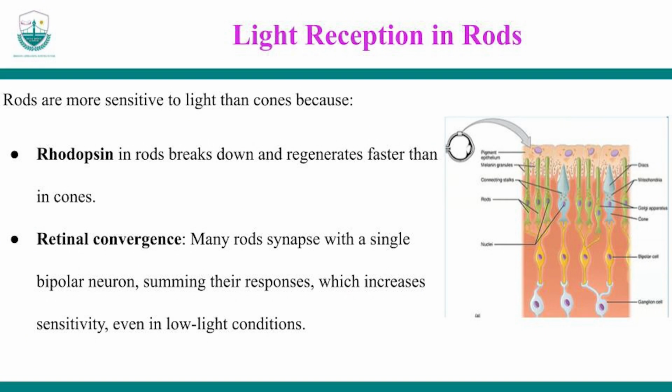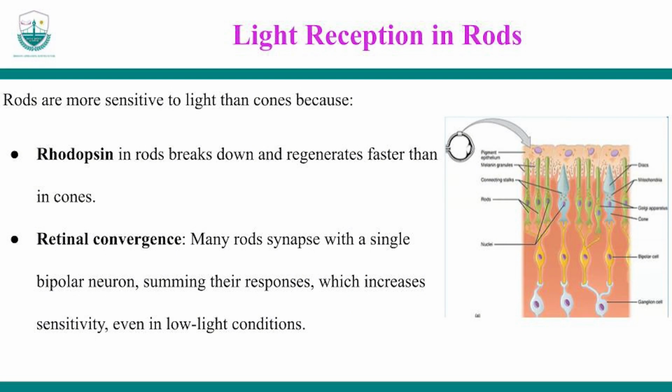That breakdown of rhodopsin is very important for the action potential to be generated. But the unique thing is that rhodopsin is resynthesized faster compared to iodopsin, as we shall see later on.